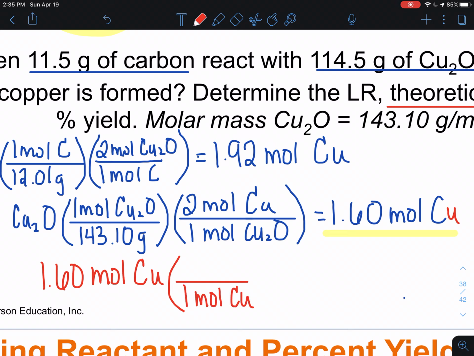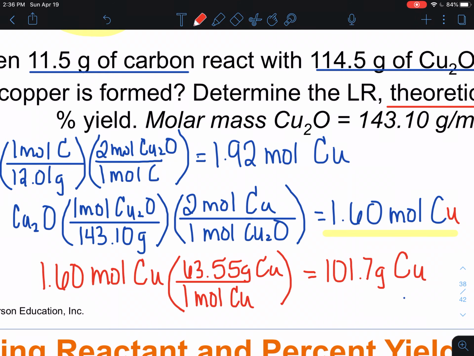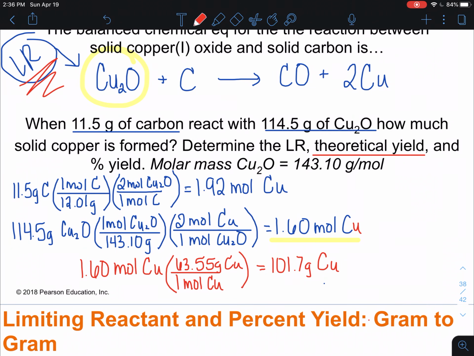So for every 1 mole, copper weighs 63.55 grams. And you should get out 1.60 multiplied by 63.55, that's going to give you 101.7 grams of copper. So that is your theoretical yield.